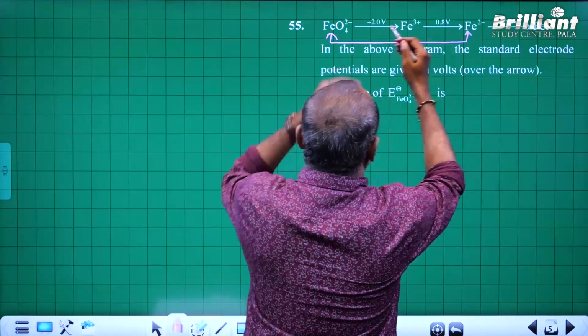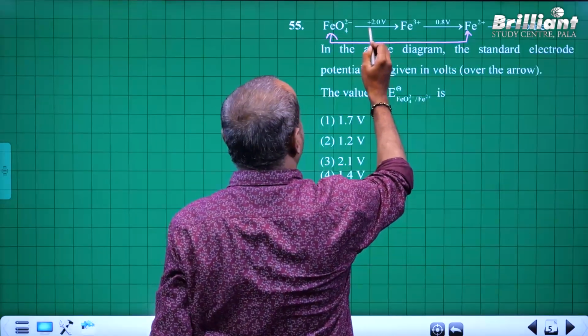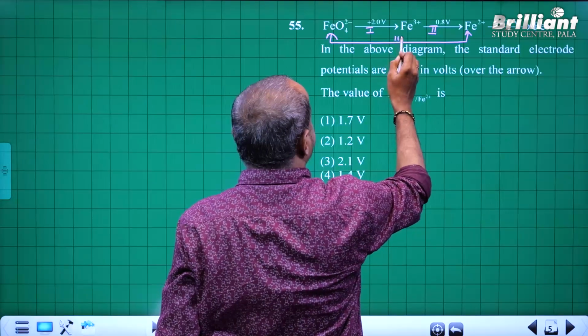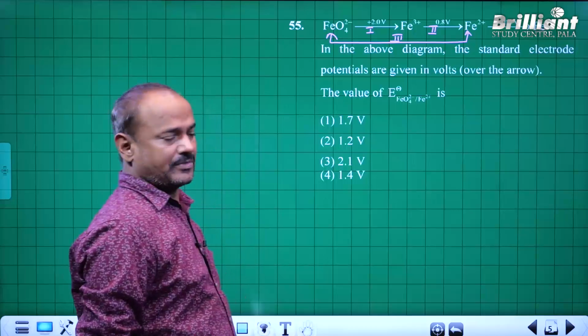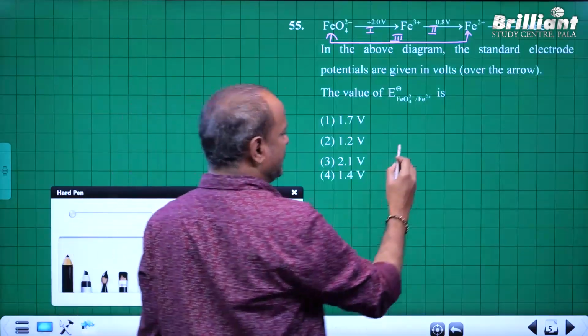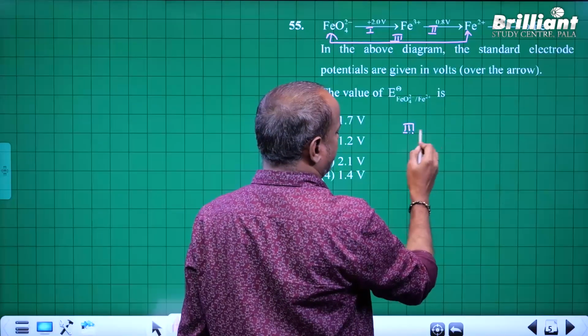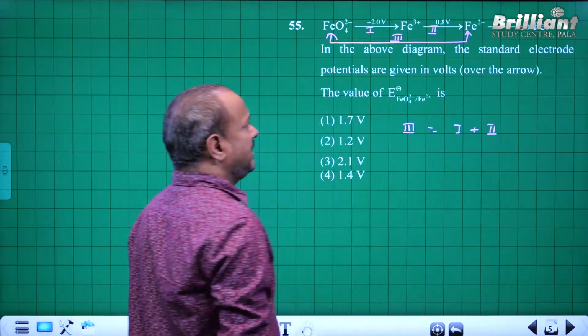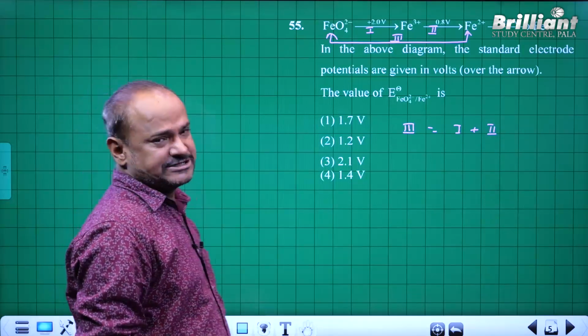Step 1, step 2. Suppose this is the first step and this the second step. The requirement is the third step, so step 3 is equal to 1 plus 2. But EMF is an intensive property.